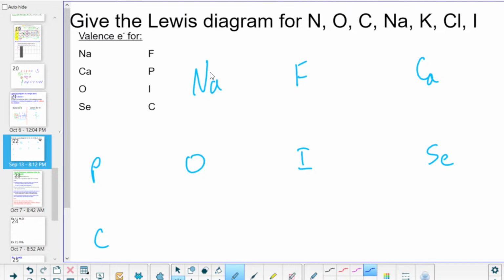Matthew, what would sodium look like? Just checking. A dot in the top.